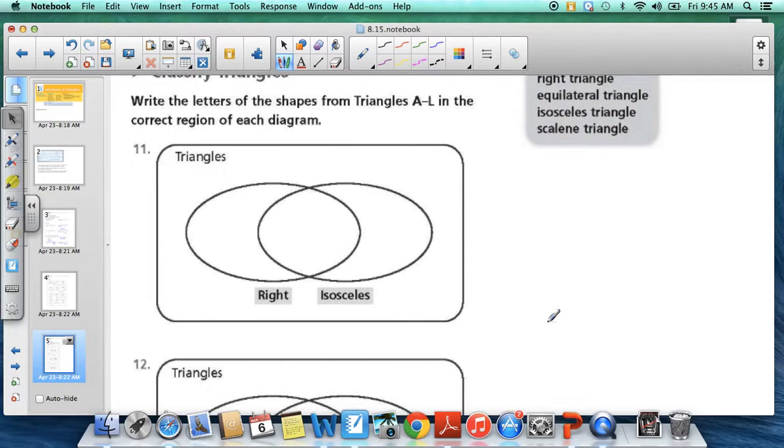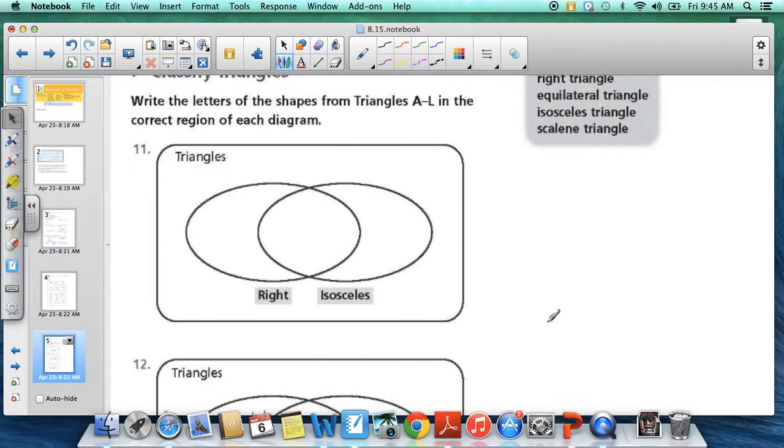So you're going to use that triangle sheet I just had up, and we're going to use these little compare and contrast charts to compare and contrast some triangles. We're going to compare right triangles with isosceles triangles. Remember, a right triangle has a right angle, which is 90 degrees.